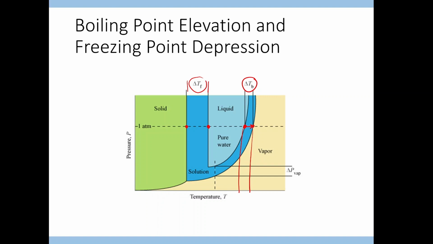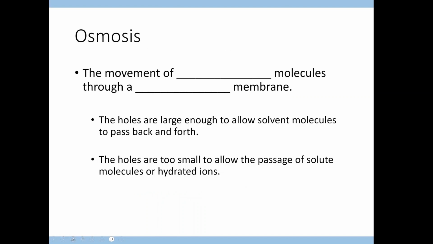One other colligative property that we didn't get to in either class is osmosis. Well, it's related to osmosis. Osmosis is the movement of solvent molecules through a semi-permeable membrane.